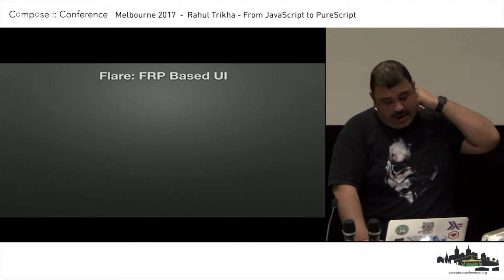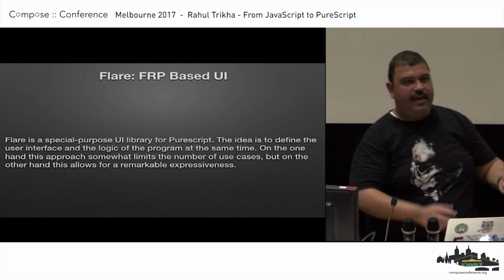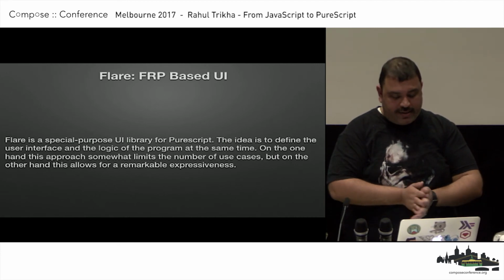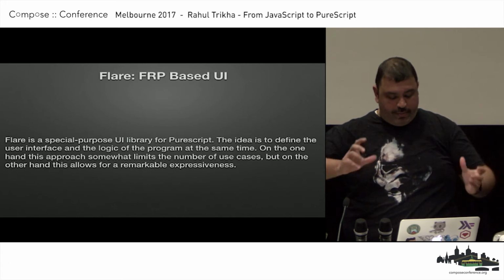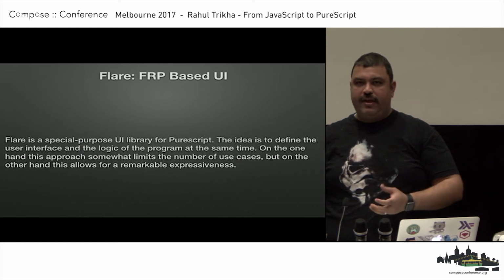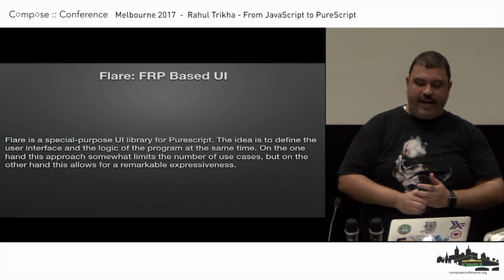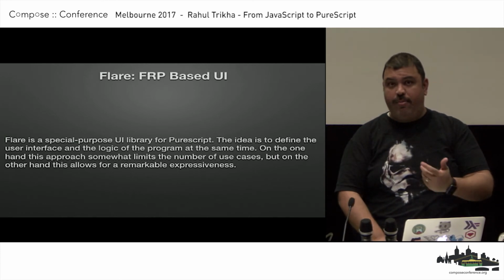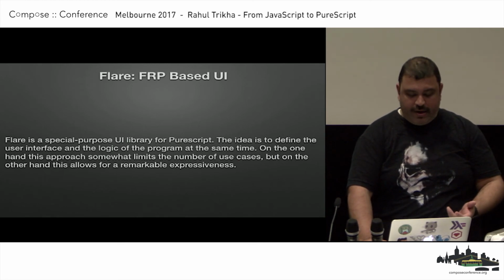So Flare FRP. So basically this library is a specific purpose UI library. And all it does is that it actually tries to define your user interface and the logic together. Now, it has limitations, but at the same time, it actually gives you such a remarkable expressiveness. And you can actually look at it.